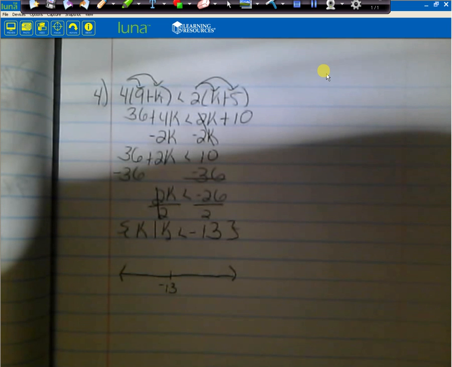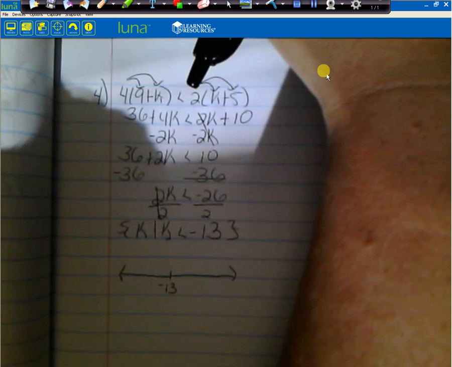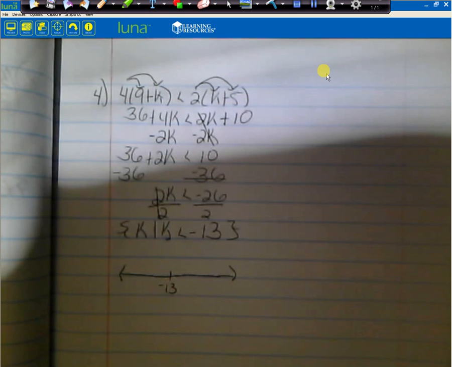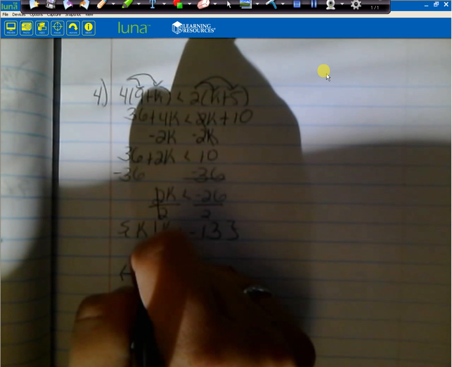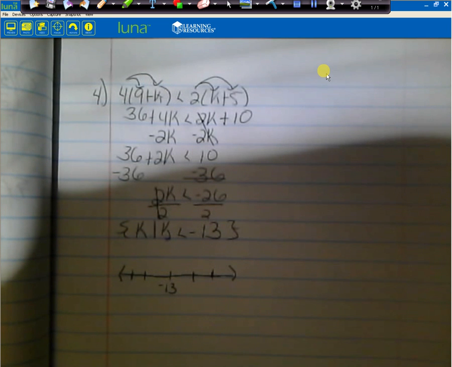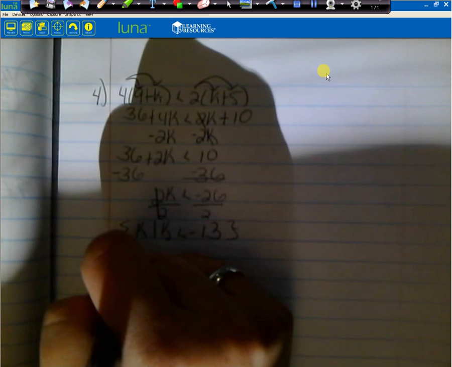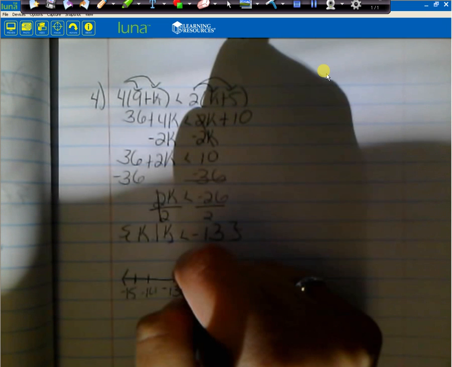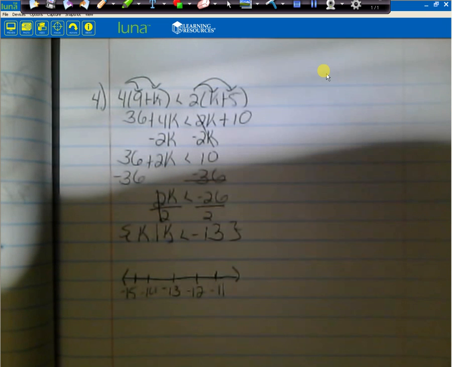I'm going to put 2 numbers less than that and 2 numbers greater than that. So I'm going to put negative 15, negative 14, negative 12, and negative 11, remembering that negatives go opposite than positives.